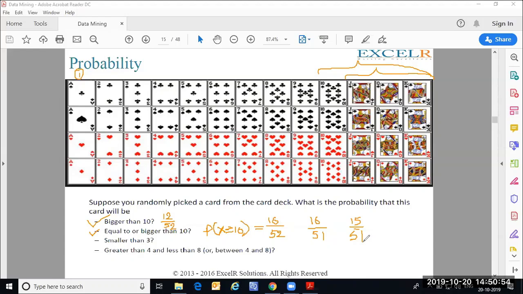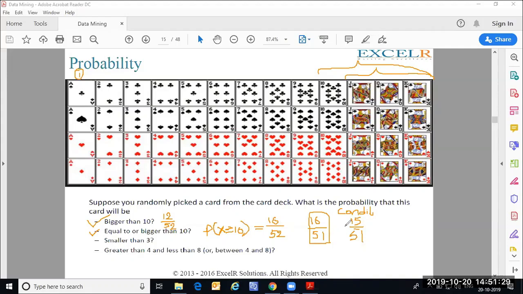It means the outcome of an experiment is influencing the outcome of subsequent experiments. The card which I picked up at the first instance, if it is not greater than or equal to 10, then the probability of getting a card which is greater than or equal to 10 is 16 by 51.